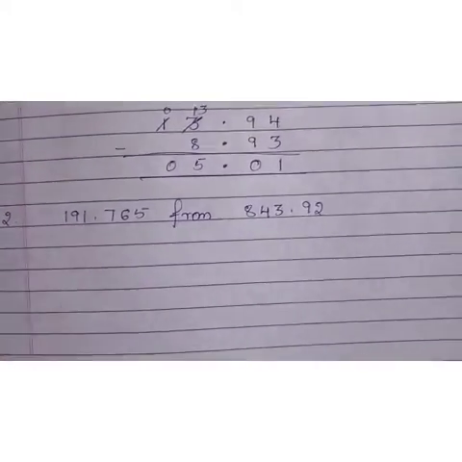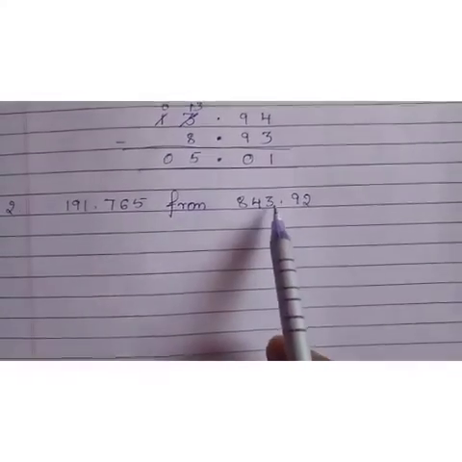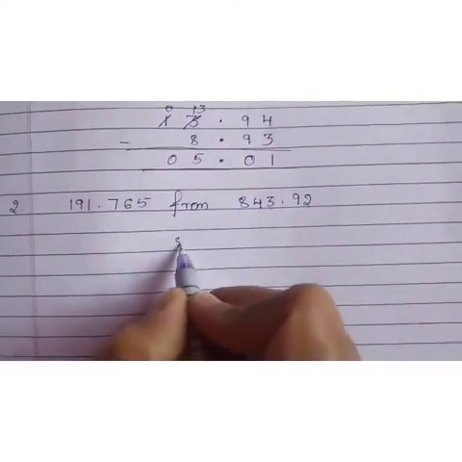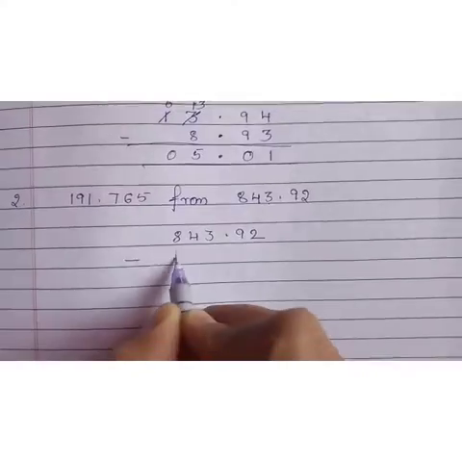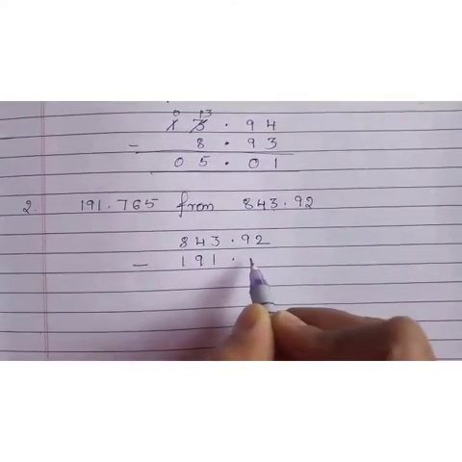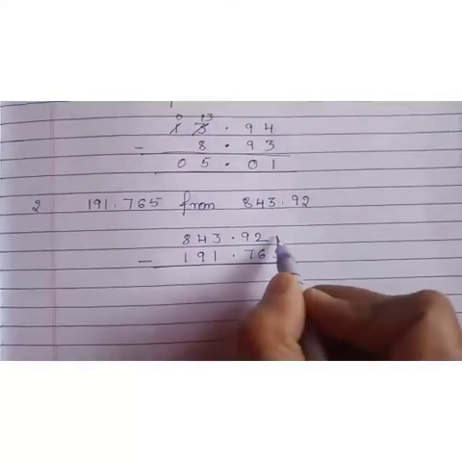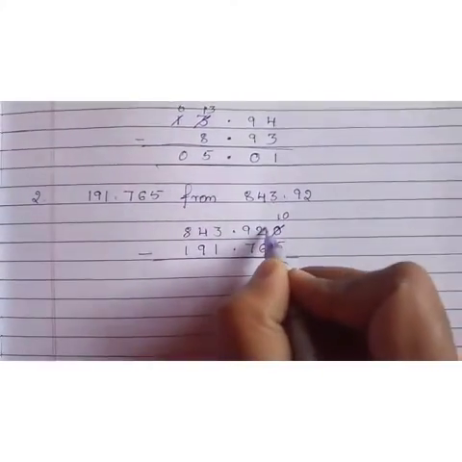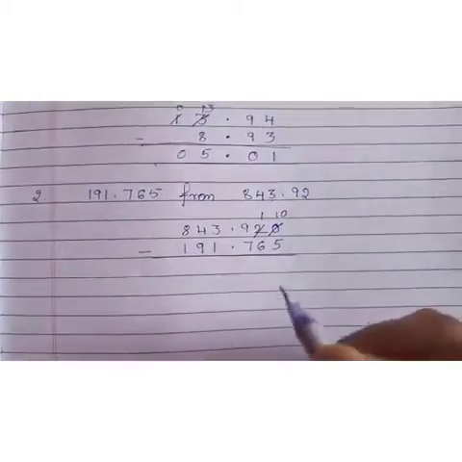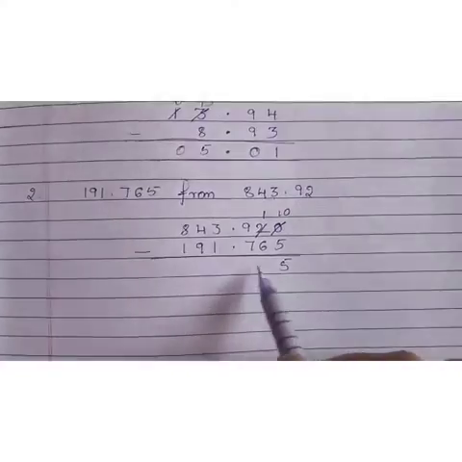Next example, 191.765 from 843.92. So first write down this number. It is 843.92 minus 191.765. Now children, add a 0 so that both become like decimals. Now this 0 becomes 10. 2 will be 1. Next 10 minus 5 is 5. So can you subtract 6 from 1?